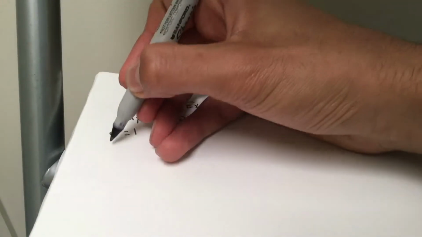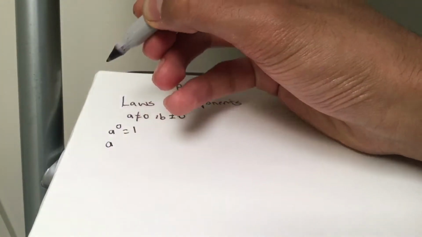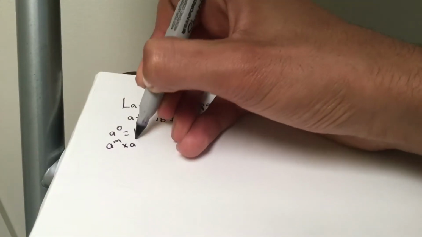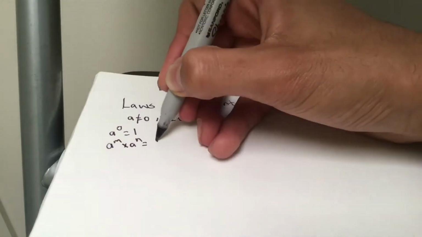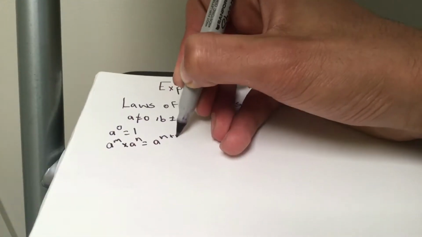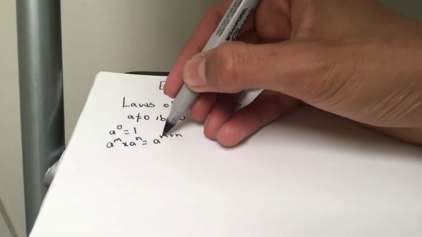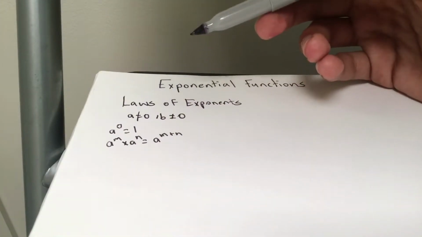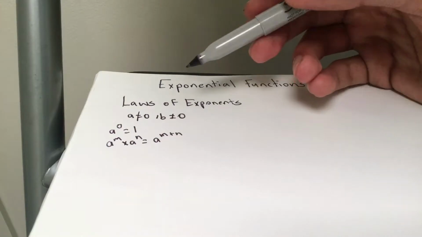Then it would not equal 1. Okay, so our next rule is A^m times A^n, which is equal to A^(m+n). Same thing, A cannot equal 0.